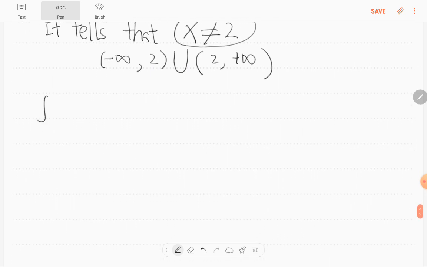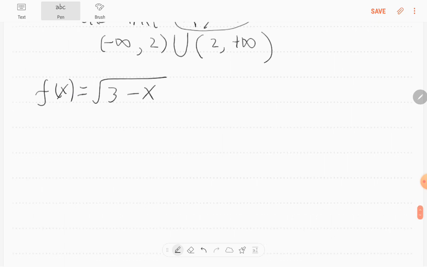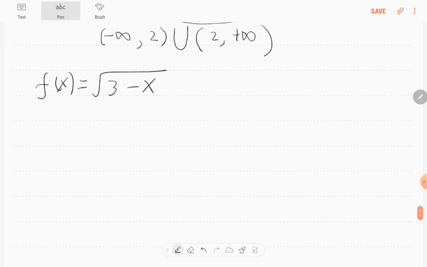So now let's look at this function, f(x) = 3 - x. For this one, we cannot make 3 - x a negative number. In other words, 3 - x must be greater than or equal to 0, right?